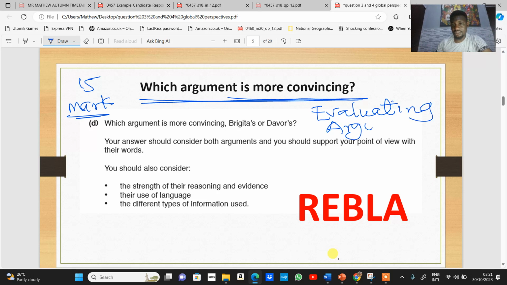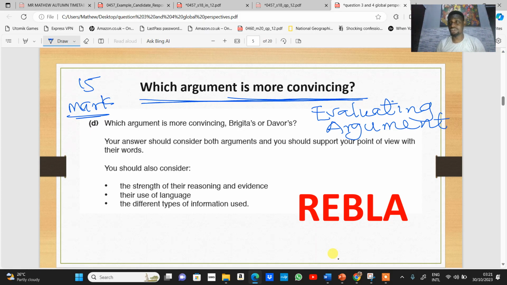What you should be looking at here is two people arguing about the same topic, and you are the judge. How will you tell who is the winner of that argument? You should have that mindset first.